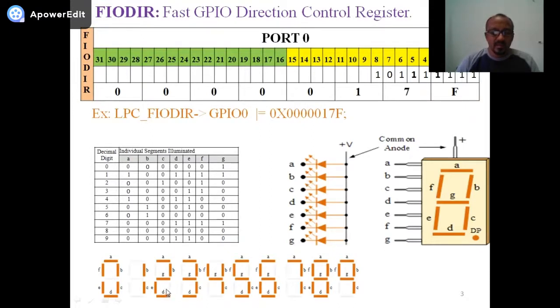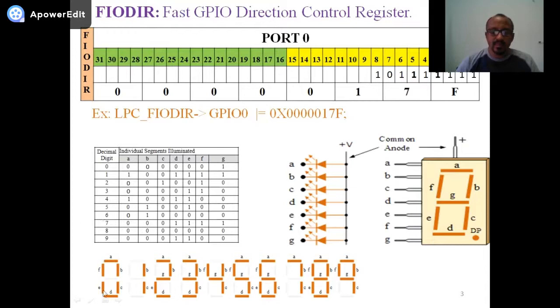So that's hex digits. For example, if you want to display 0 on screen, there are two types of 7-segment display units, common anode and common cathode. As we are using a common anode type, to glow the 7-segment, we have to make it 0, and to switch off the 7-segment LED, we have to pass the value 1.